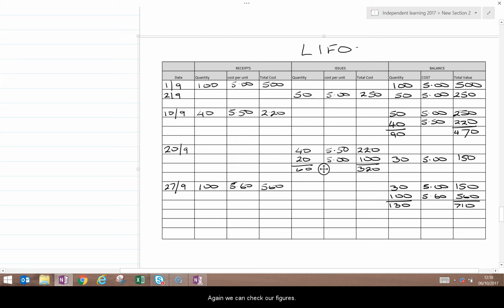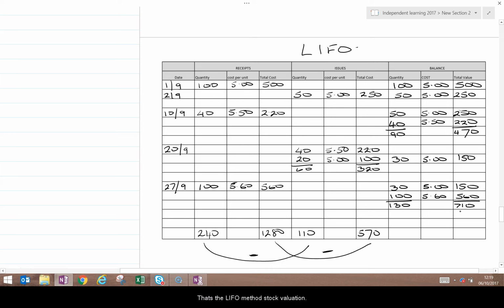Again, we can check our figures, add up our quantities that we've received, 240, valuation of 1280, add these up, 110, 570, and now just check, take those two figures away, make sure it comes to 130, take these two away, make sure it comes to 710.